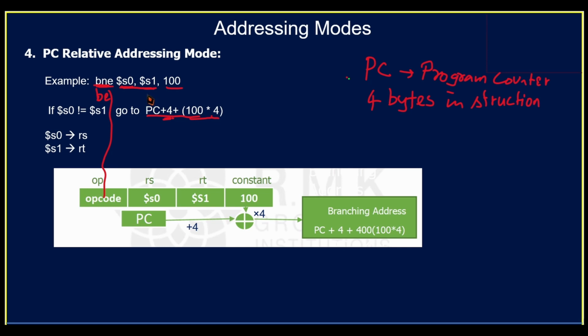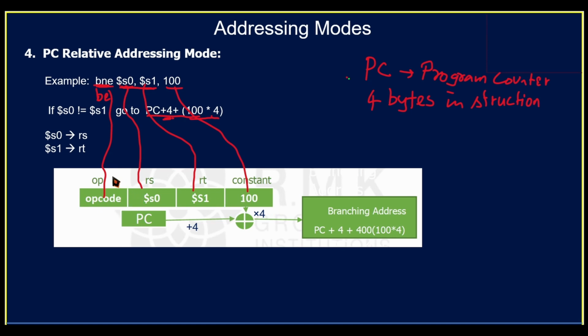No result is stored, but we need two registers. Those two registers should be compared. So the first register is stored in the RS location and the second register is stored in the RT location. And this value 100 is stored here.